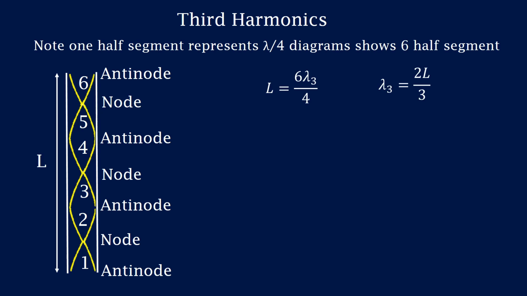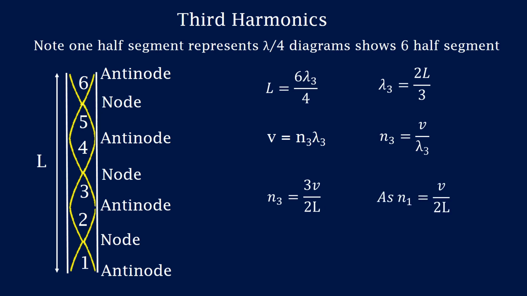Velocity v is equal to n3 into lambda 3, or n3 is equal to v upon lambda 3. Replacing the value of lambda 3, we get n3 is equal to 3 times v divided by 2L. As n1 is equal to v upon 2L, therefore n3 is equal to 3 times n1.